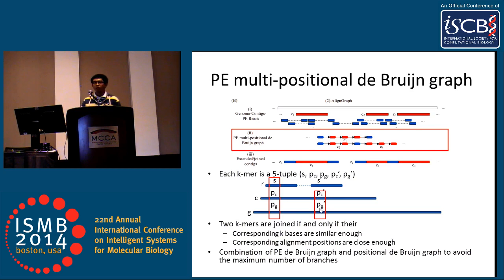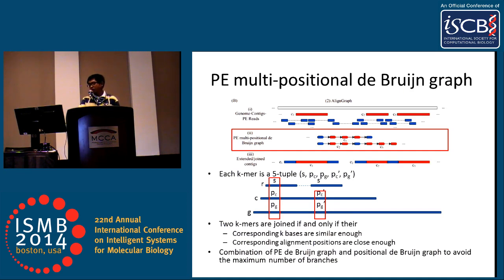So we have a lot of information incorporated in the k-mer, and we have more stringent requirements to join 2 k-mers. The requirements to join 2 k-mers are that the k-bases should be similar enough, and the alignment positions should be close enough. So we have more stringent requirements, and we expect to avoid a lot of false positive joins and avoid branches.